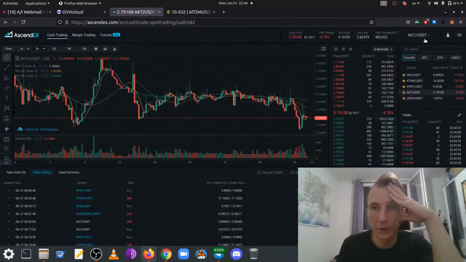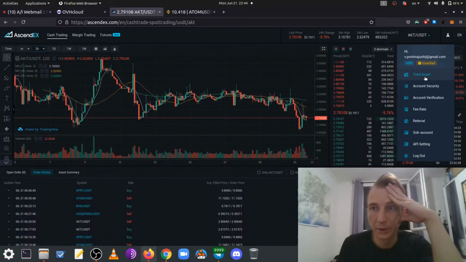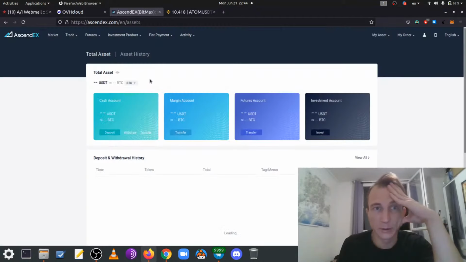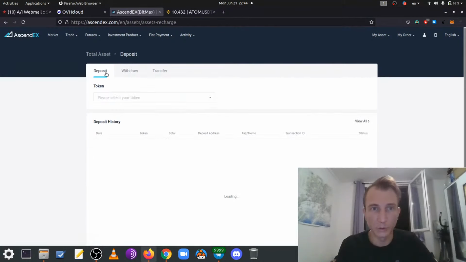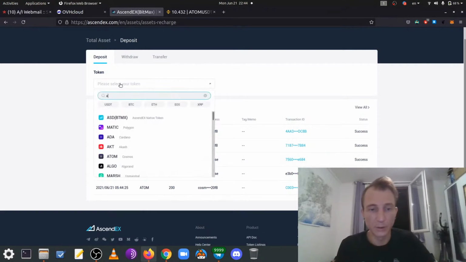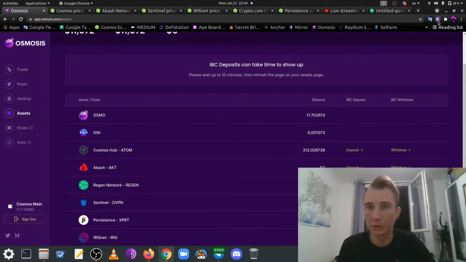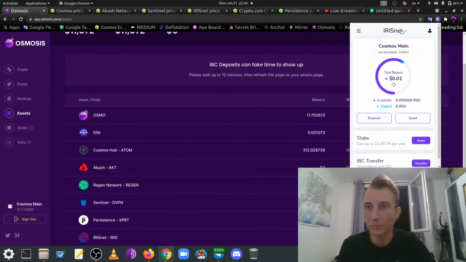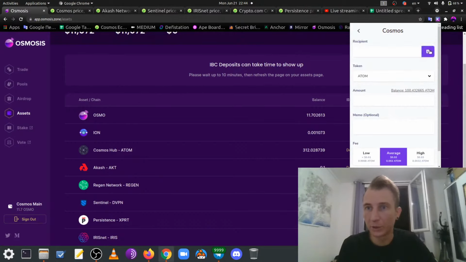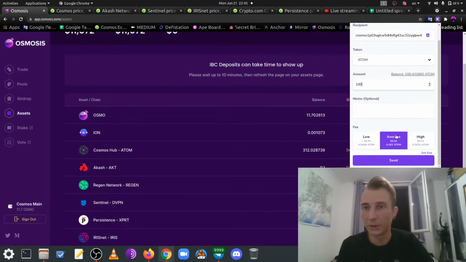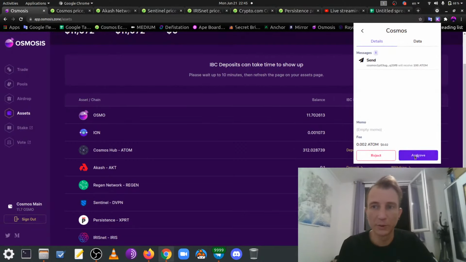After we go here, total assets, deposit, atom, this is address of atom, go to the Keplr, choose Cosmos, choose send, choose recipient, 100, send, approve.